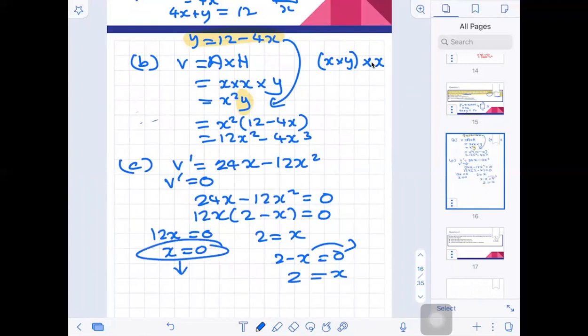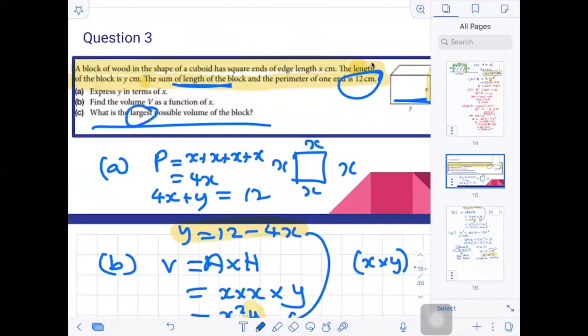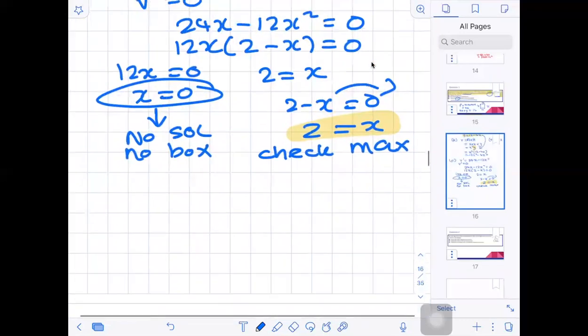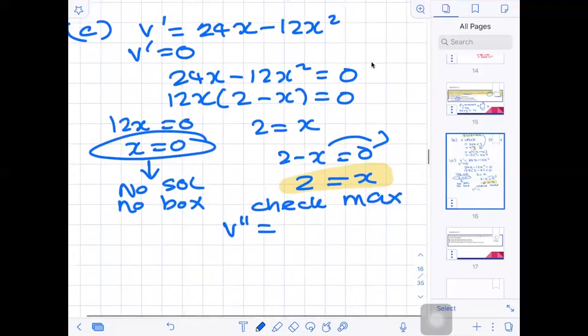Now, x equals 0 is no solution because there would be no box, since the side length would be 0. What we need to do with x equals 2 is check it is a maximum, because we wanted the largest possible volume, and the largest is a maximum. The easiest thing to do here is to find v double dash.